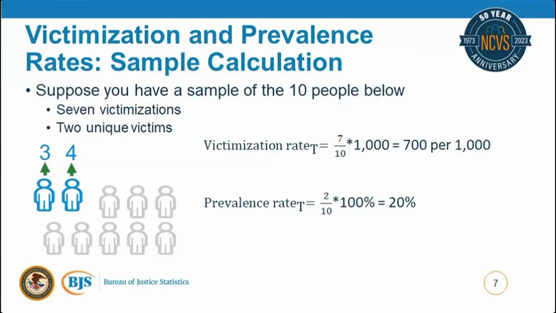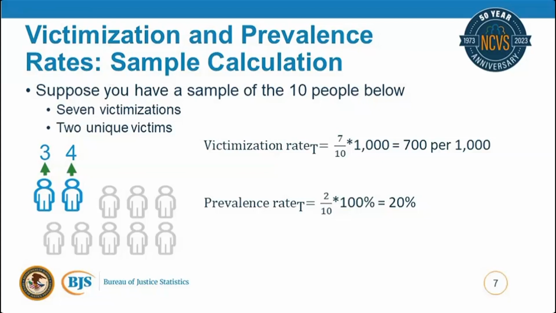Now let's look at prevalence. Person 1 was a victim of violent crime. Person 2 was also a victim of violent crime. The other 8 people were not victims of violent crime. In our population of 10 people, there were 2 victims.